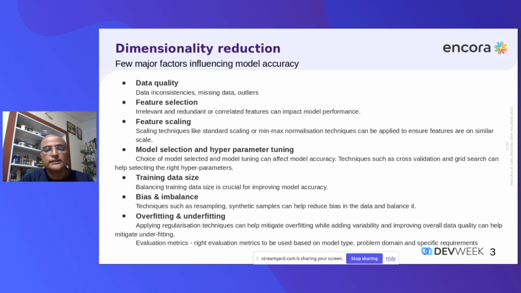Similarly, there is the learning rate, which is all about how fast the model can converge. The higher the learning rate, the faster the convergence, but this could have an impact on the accuracy as well.